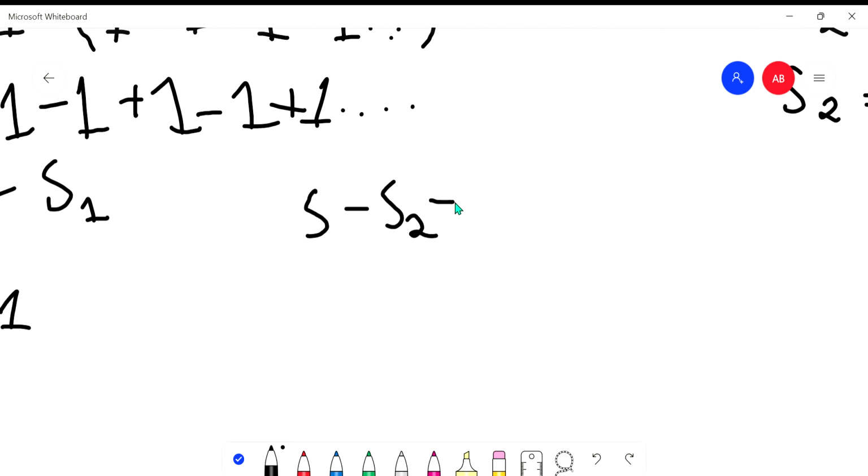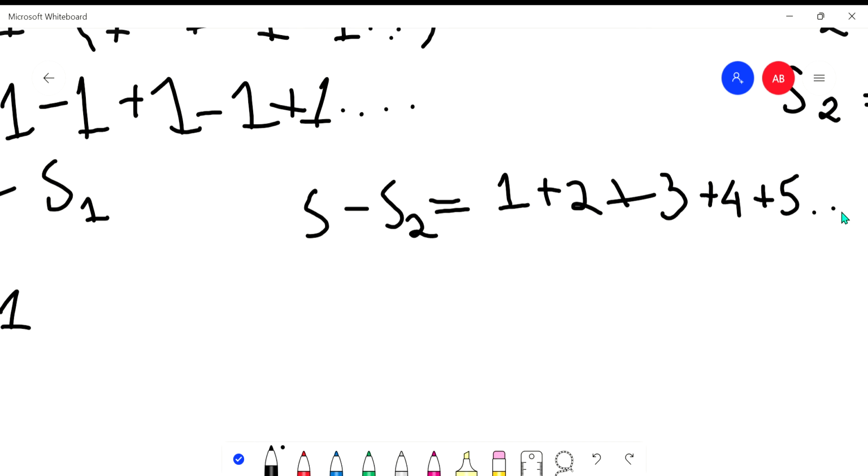Now, we're gonna do the subtraction ordinarily. So I'm gonna write S on top, and I'm gonna write S2 over here.